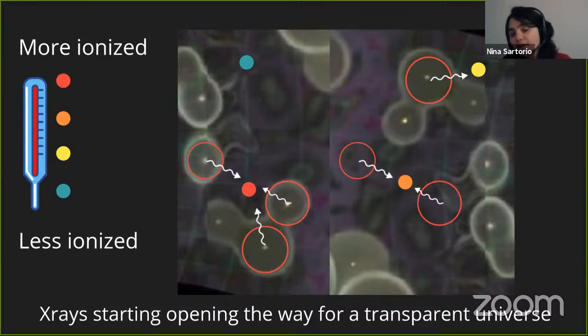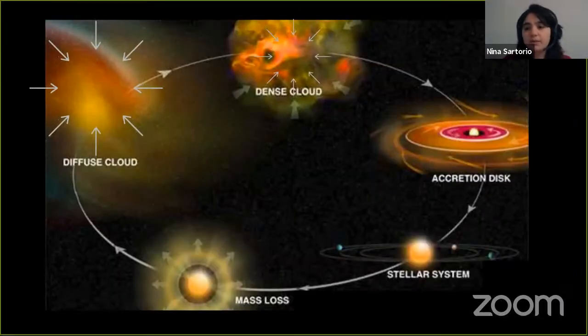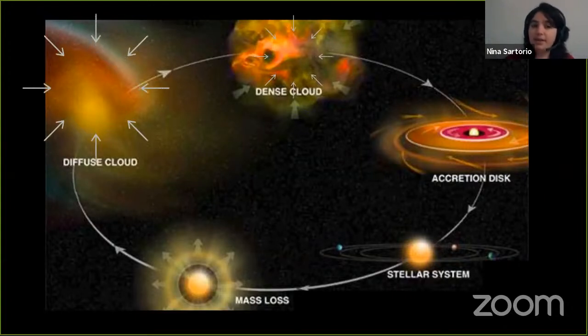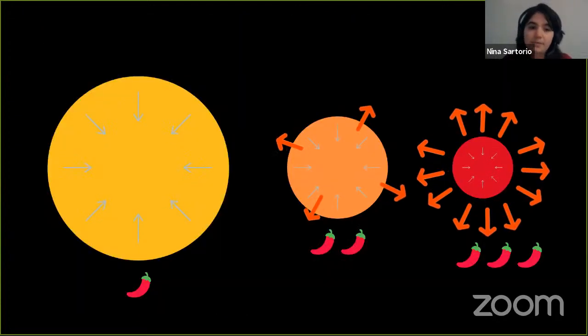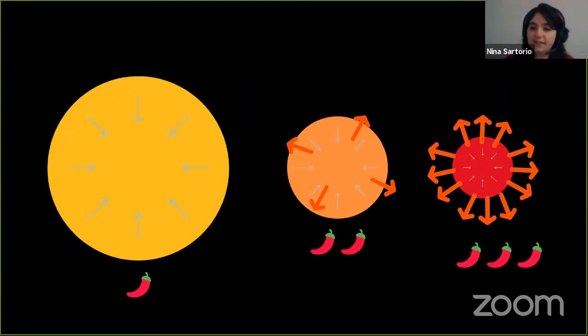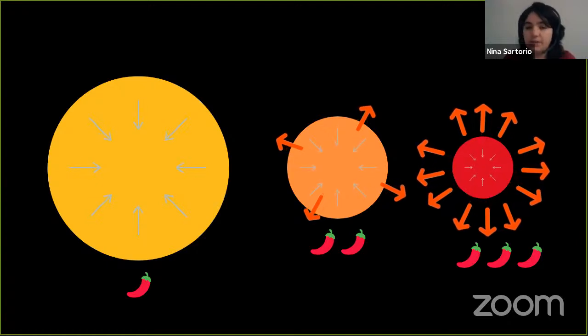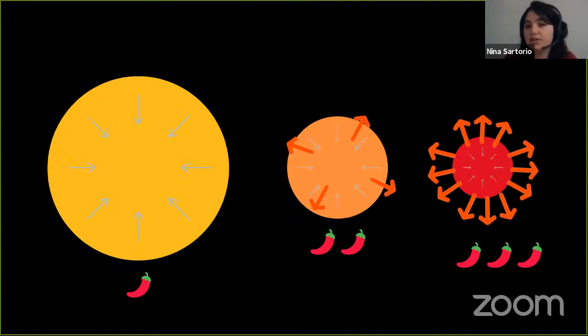And X-rays have another important role to play in the early universe that regards star formation. So just recalling how star formation works, usually you have a big diffuse cloud of gas, and this cloud, because of gravity, starts contracting and becomes denser and denser until it becomes a star. Now, the problem is that as a star contracts, just like I explained with the accretion disk, it becomes hotter and hotter.